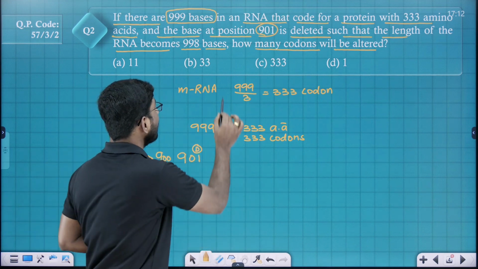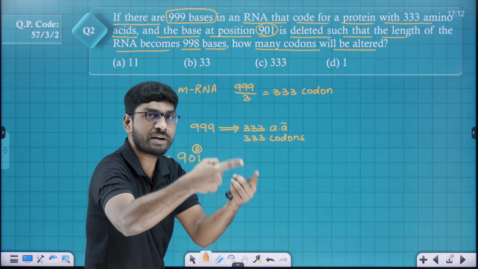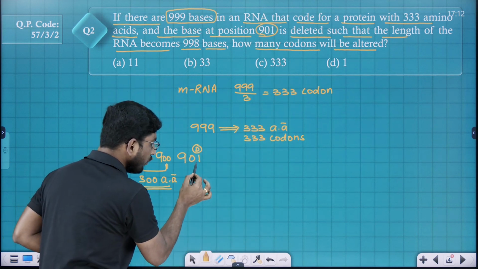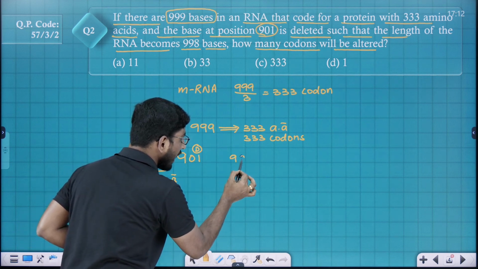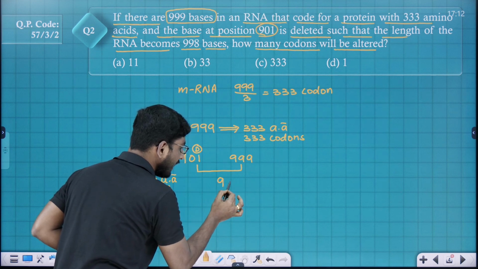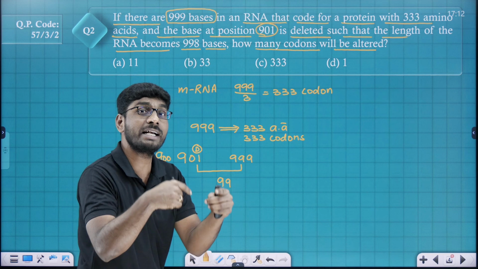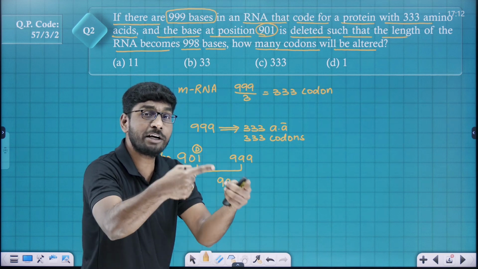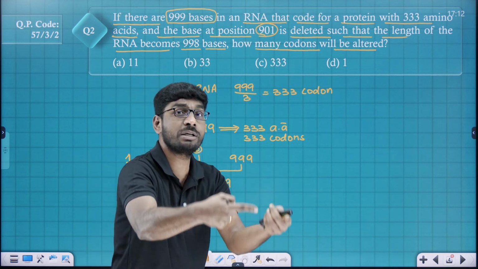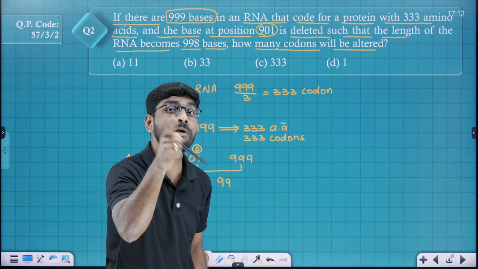But they're asking how many codons will be altered or affected. Here the problem starts at 901 and runs till 999, so that means 99 nitrogen bases will be affected. 99 nitrogen bases means how many codons?